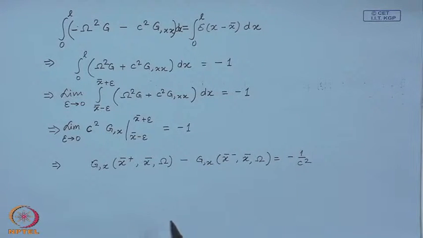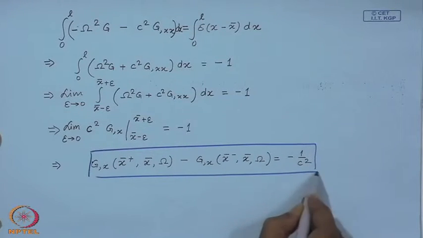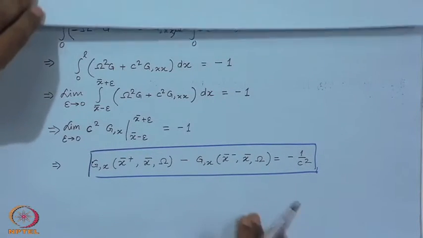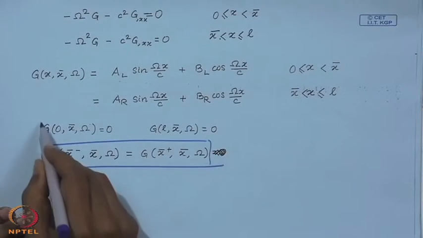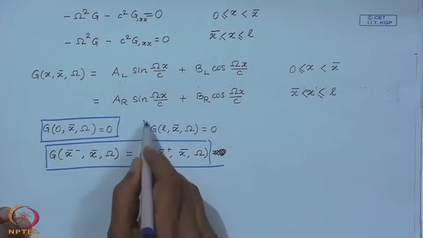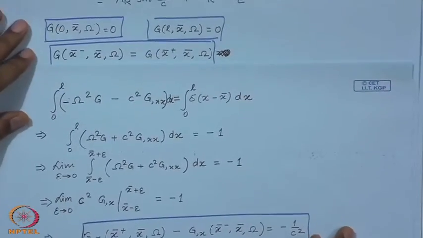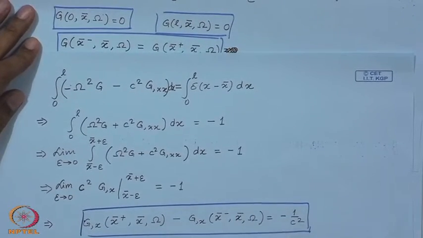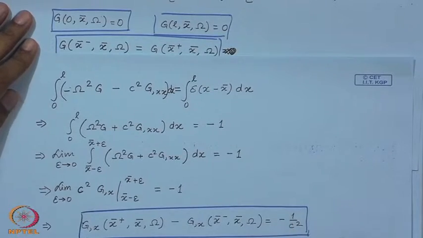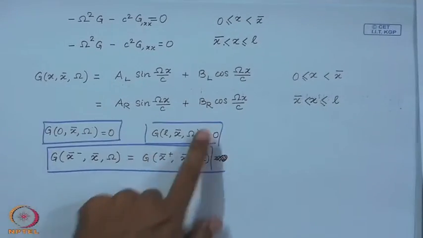Now we have all the conditions required. Here we have one condition and here we have three more conditions. So, these 4 conditions can be used to solve for the unknown coefficients A L, B L, A R and B R.